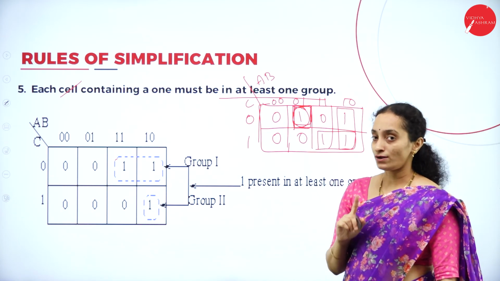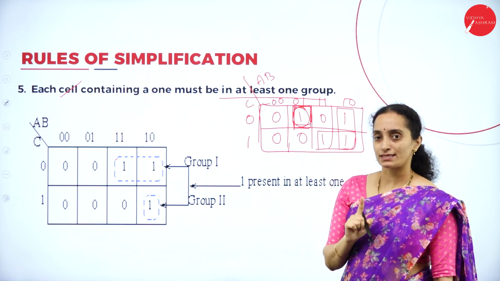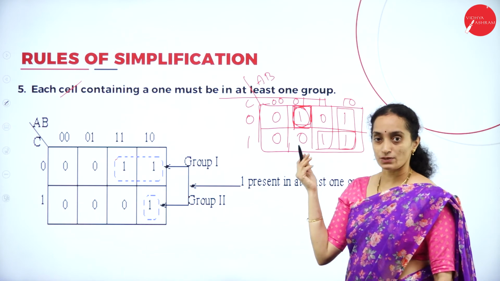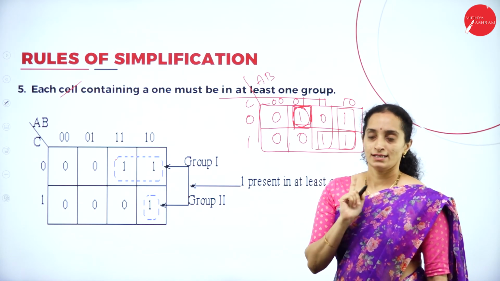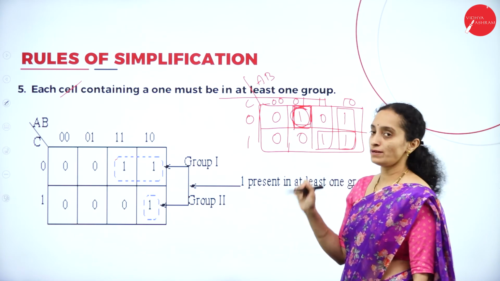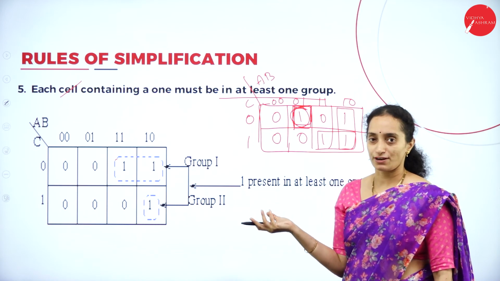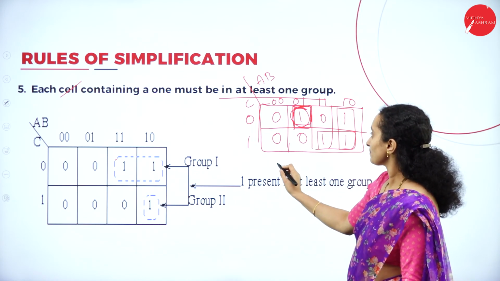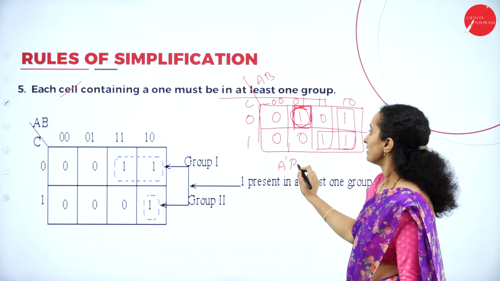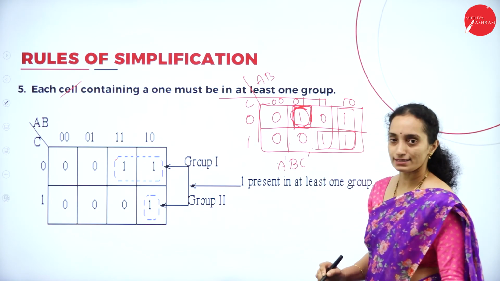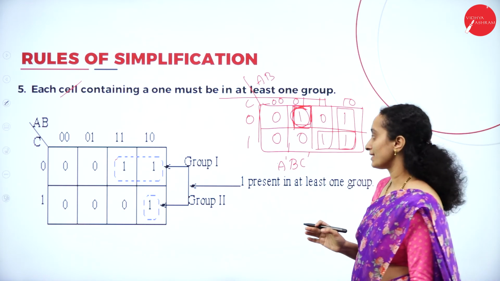If there is a single 1 present in that cell, with no adjacent ones, then you can make a group of only one expression or one min term. It will not be further simplified. It will be the simplified form. This will be A dash, B, C dash. You can represent this value in the same way.